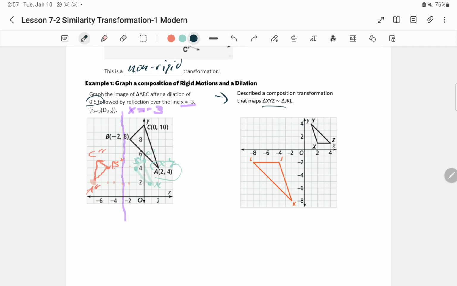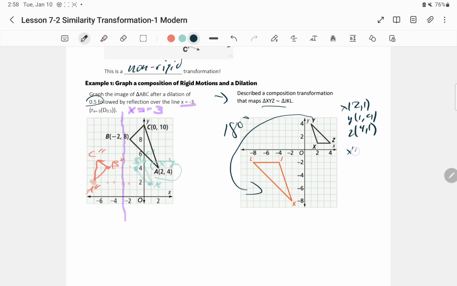All right. Another possibility is that it could be a rotation. It appears to be a 180-degree rotation. So we're going to take all of our original coordinates. X is at 2, 1. Y is at 1, 4. And Z is at 4, 1. If I do a 180-degree rotation, everybody stays at home, but we change their signs.